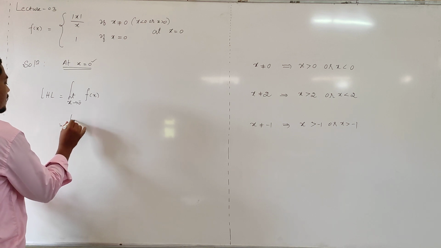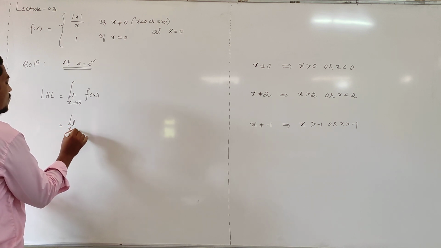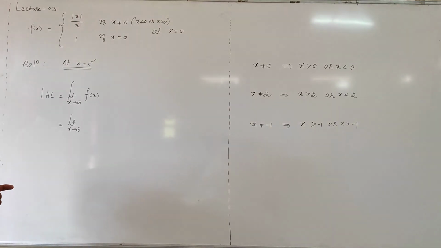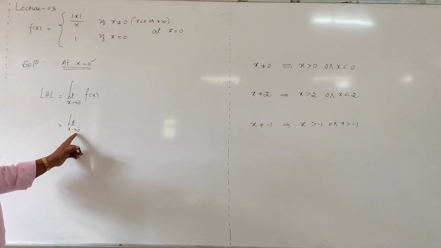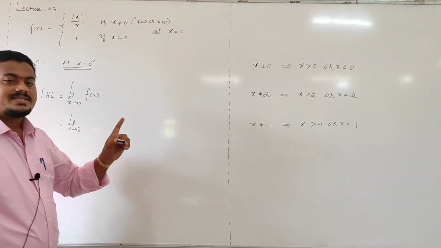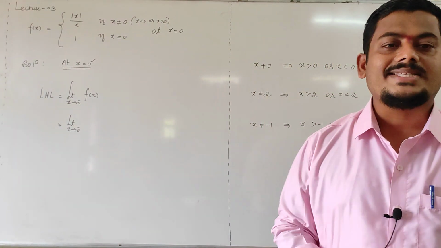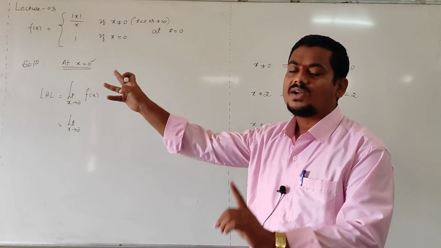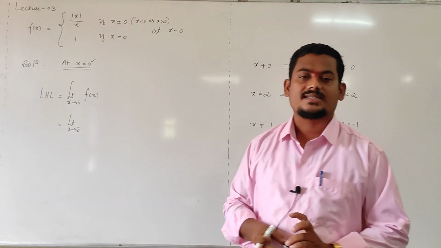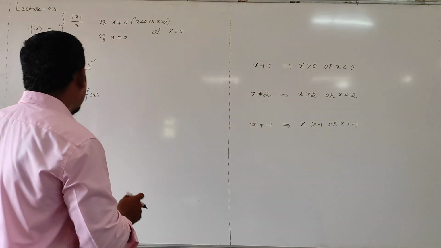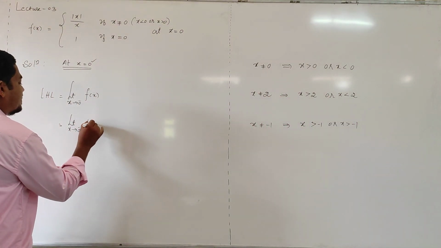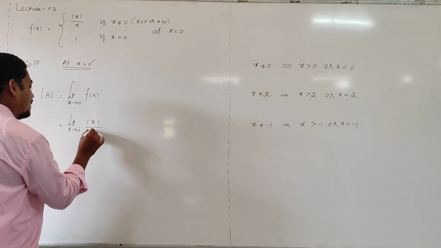Limit x tending to 0 minus f of x. What is our f of x? Either x value less than 0 or more than 0, same function only, that is mod x by x.